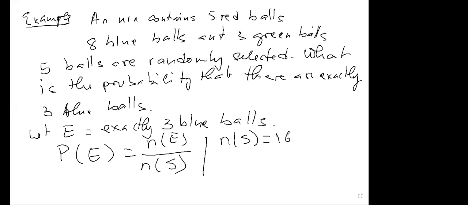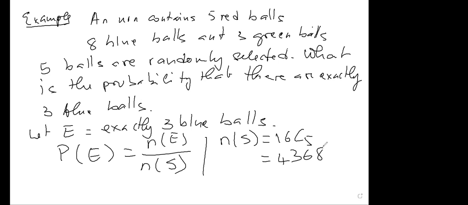So it will be 16 combination 5. What is 16 combination 5? Use your calculator to find 16 combination 5. Yes, 4,368. Is that what you get? So that is how we find 16 combination 5.